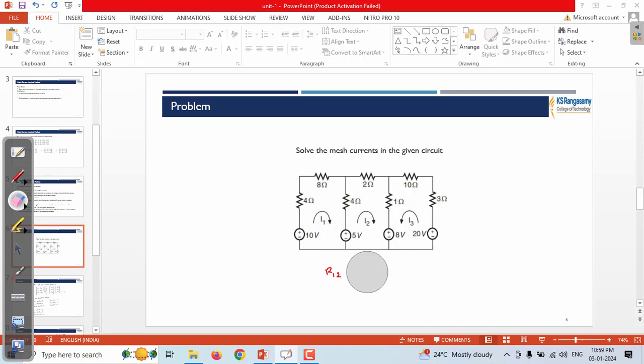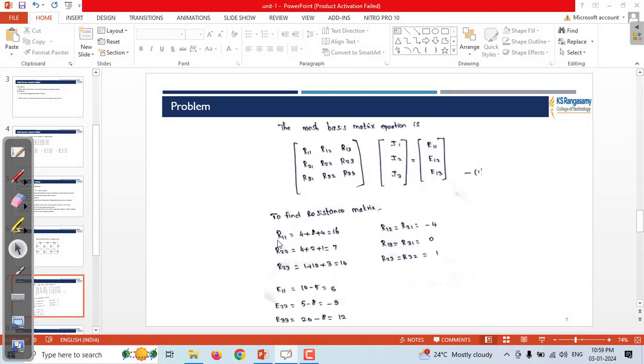So R11 is the total resistance in loop 1, R22 the total resistance in loop 2, and R33 the total resistance in loop 3. R12 or R21 is the loop 1 and 2 common resistance. R13 means loops 1 and 3 have no common resistance, so 0. R23 or R32 is 1.